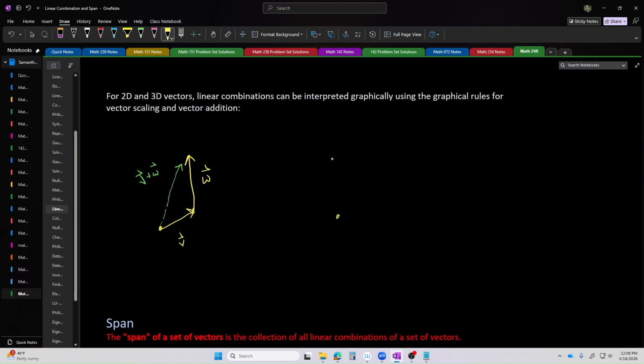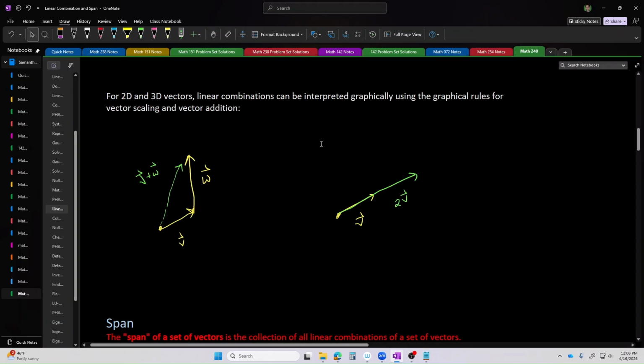And if we have a vector v and we apply a scalar multiple to it, giving us, for example, 2v, then graphically we could interpret that as increasing or decreasing the length of the vector v, depending on whether we applied a large scalar multiple or a small scalar multiple.